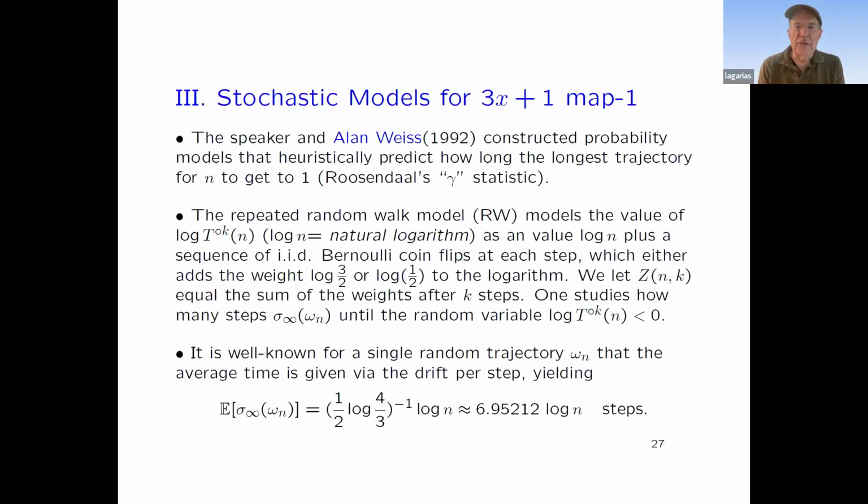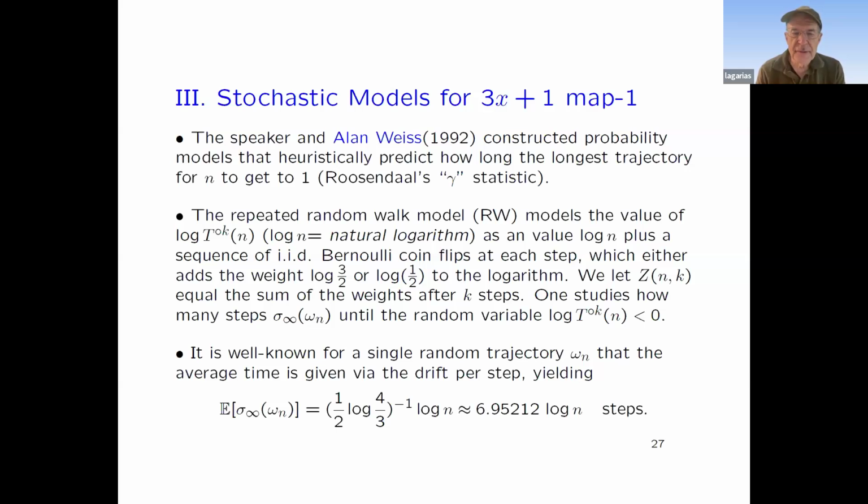The stochastic models for the 3x plus 1 map. You can study this probabilistic model that says that trajectories appear to behave such that the logarithm of the size of the number behaves like a random walk with a drift, and make predictions.